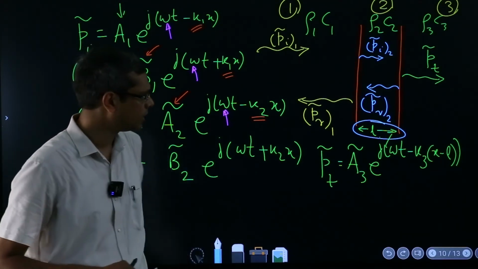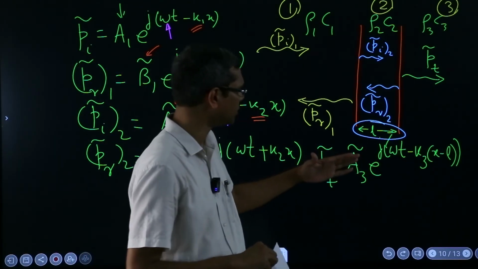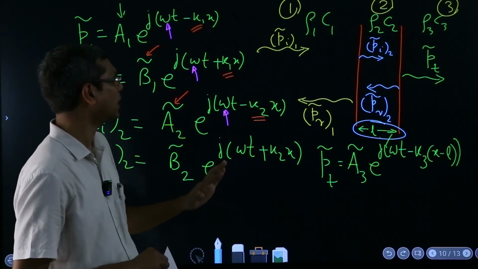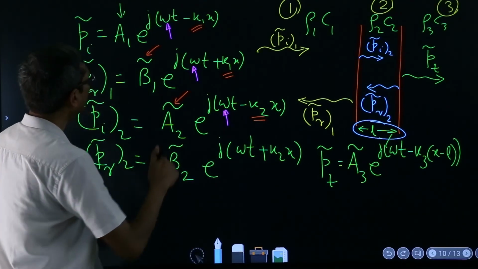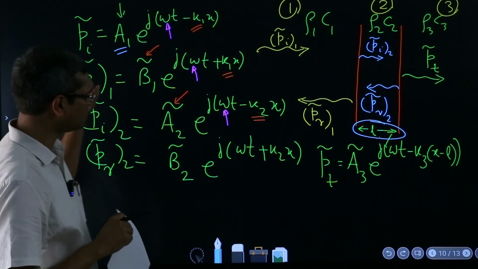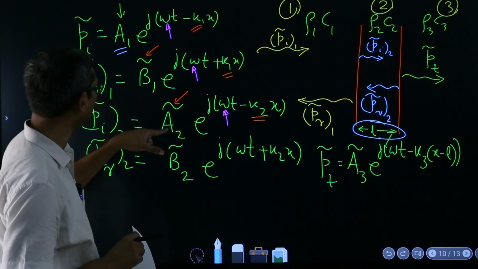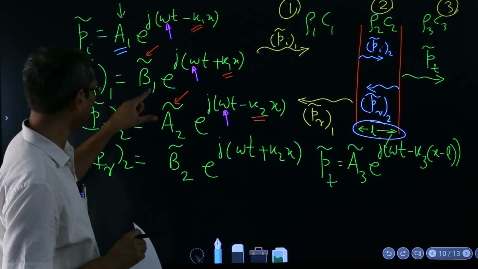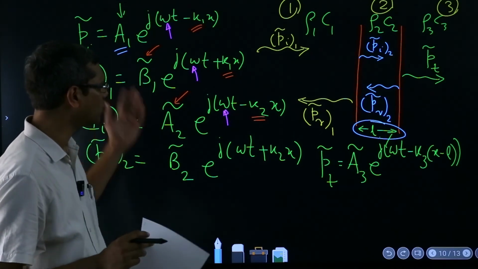Because this just tells you what are the pressure fields which will exist. Can you now tell me what are the unknowns here? Everything is unknown except this, so that means we are sending A1 and we have to figure out what B1 will be, what A2 will be. Now everyone will have a different phase with respect to A1, and we don't know what they are.